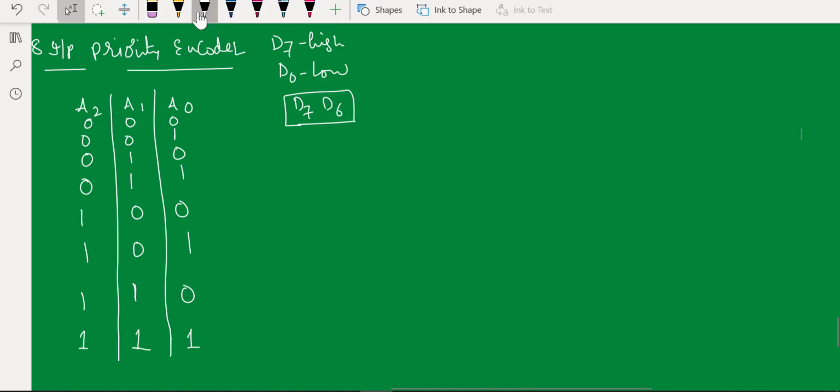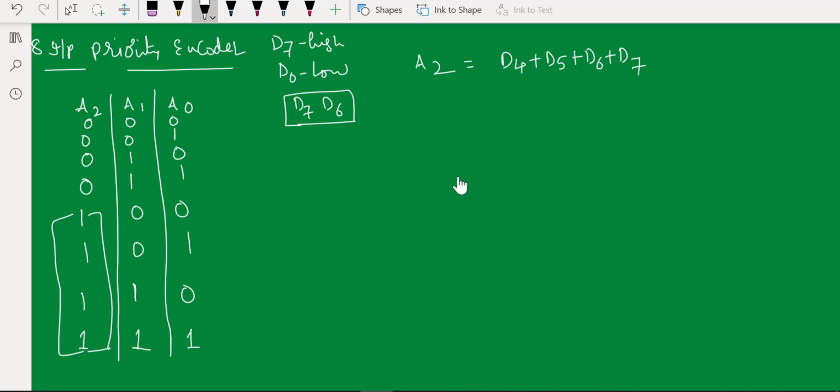Let's start with A2. If you look here, A2 is 1 at 4 places, that is D4, D5, D6 and D7. Since we have defined the priority, we cannot take just D4, D5, D6, D7. D7 is the highest priority, so you can write it as it is.